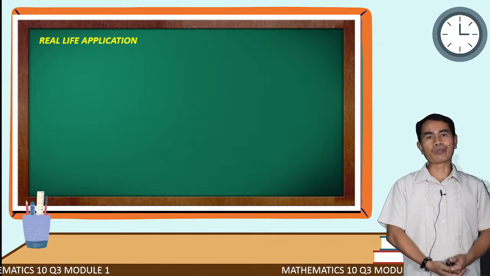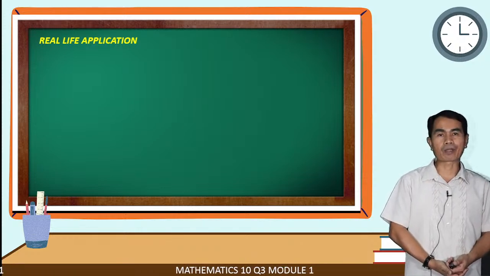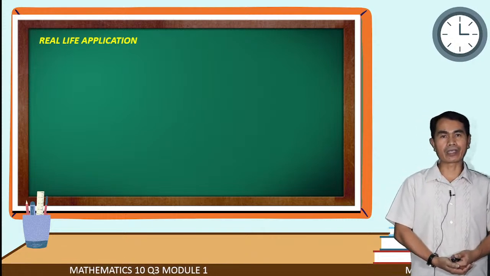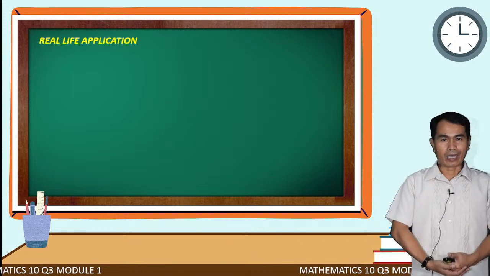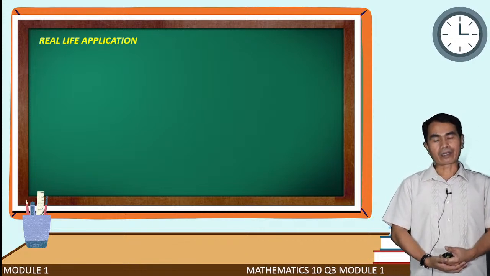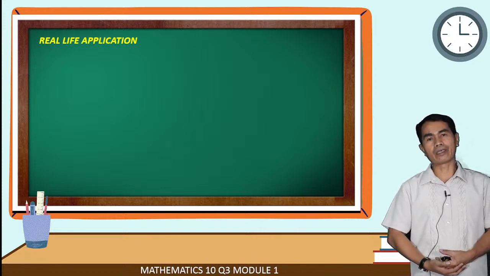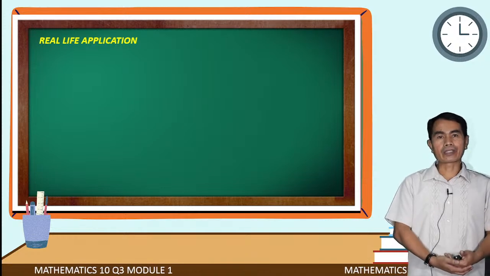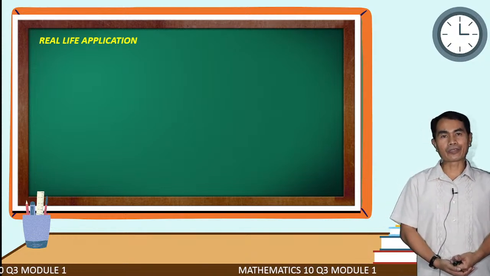In school, in making your seat plan, how many seating arrangements are possible? How many ways can we arrange the books on the library shelf? How many RNA sequences are there in biology? So we can determine how many RNA sequences there are. In computers, the algorithms, the arrangement, we can use the concept of permutation.